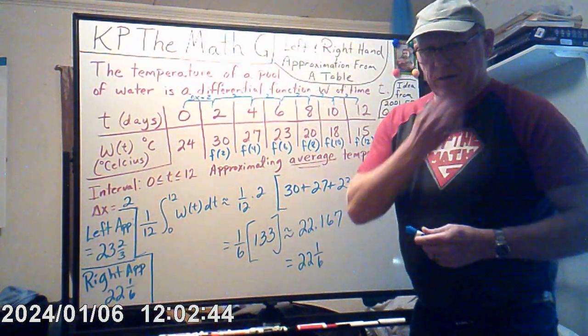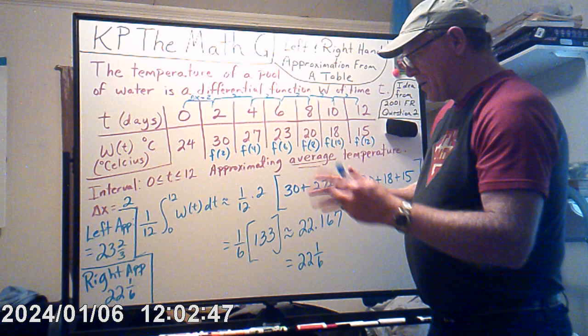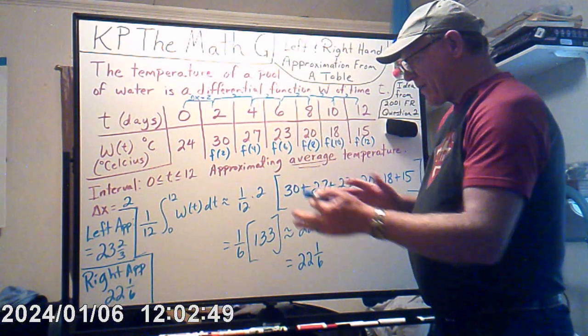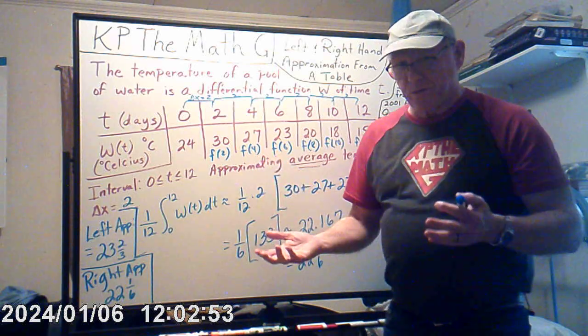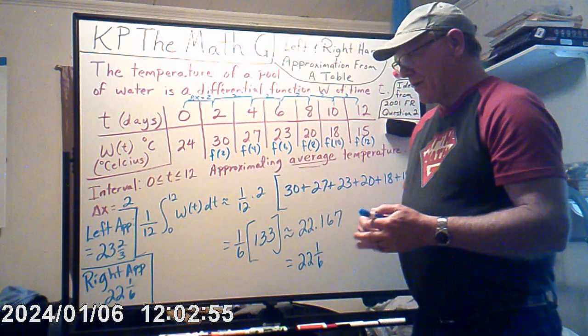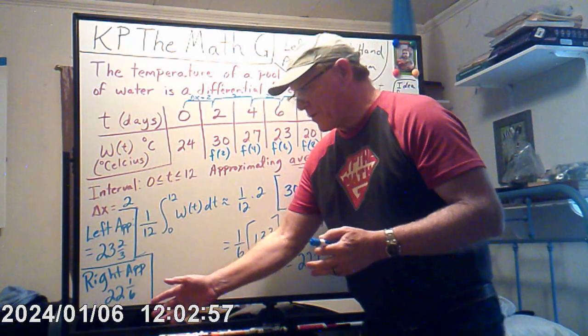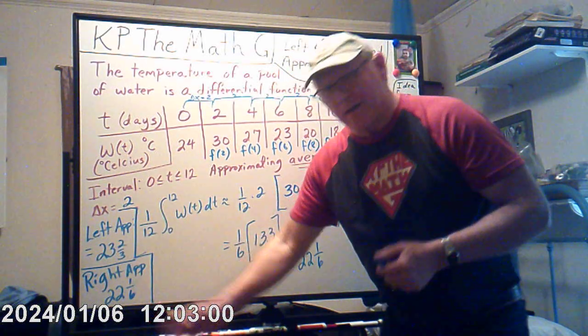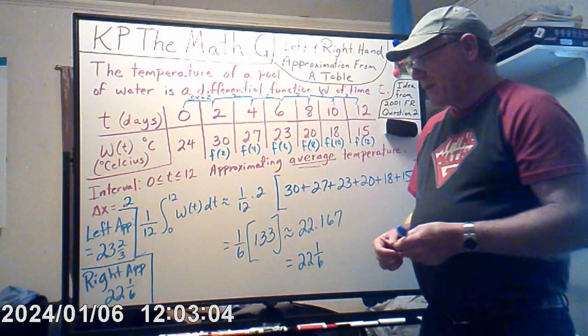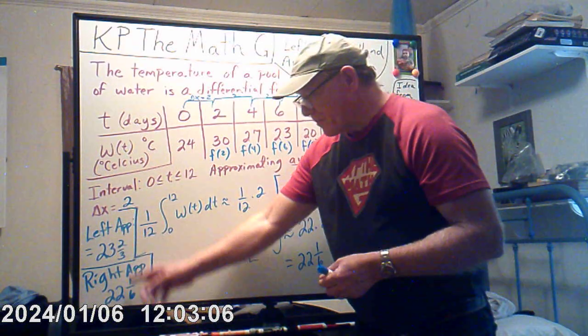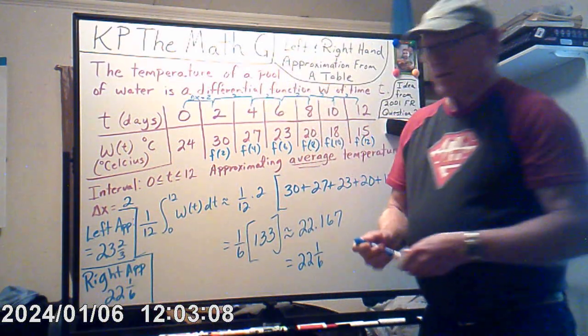Alright, like that. And if you were to add these up and divide by 2, you would actually get the trapezoidal sum. You wouldn't even have to do the trapezoidal if you already did the left and the right, because by doing both of these, you get an average.